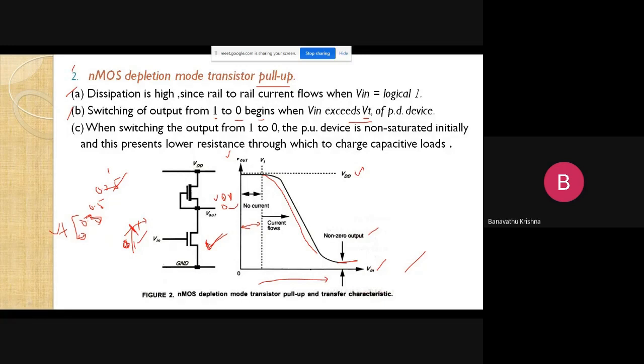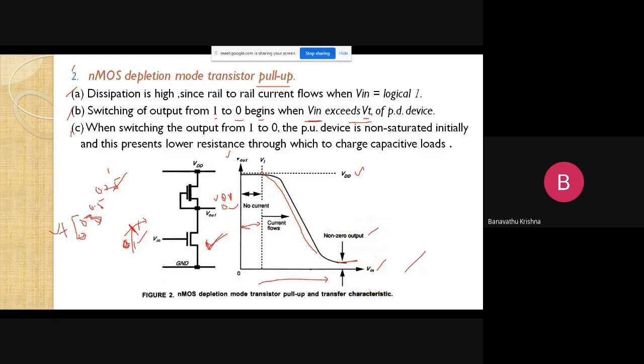If the applied input voltage, that is V input, exceeds this threshold voltage, then the enhancement mode device changes its conducting properties. Then the output response starts to change from 1 to 0.